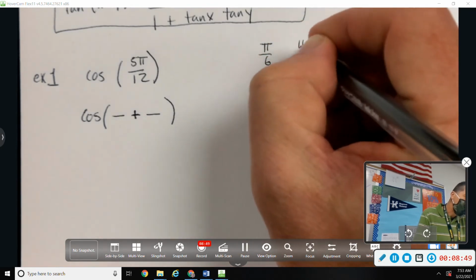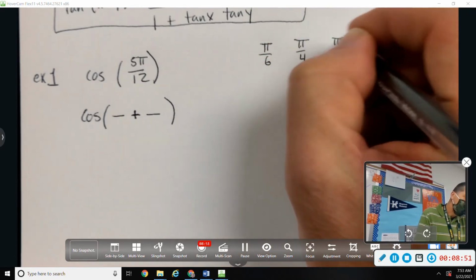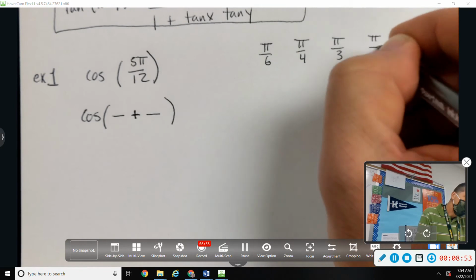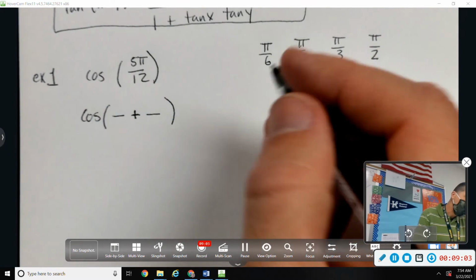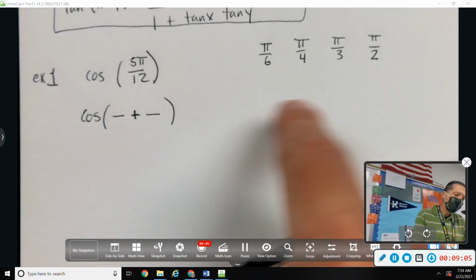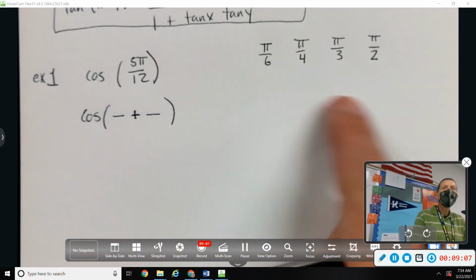Let's write down those sort of basic unit circle values, and let's change them all to over 12. There's going to be a lot of over 12s today. So we're going to put them all over 12, and then we'll be able to figure out, well, how do we get to 5 pi over 12 using these?